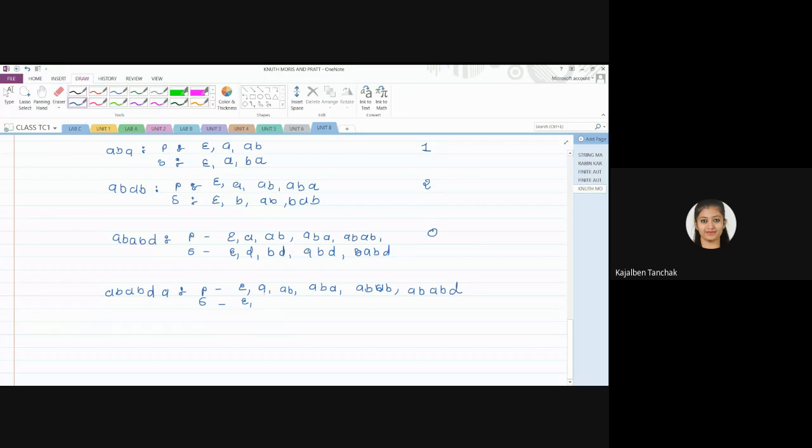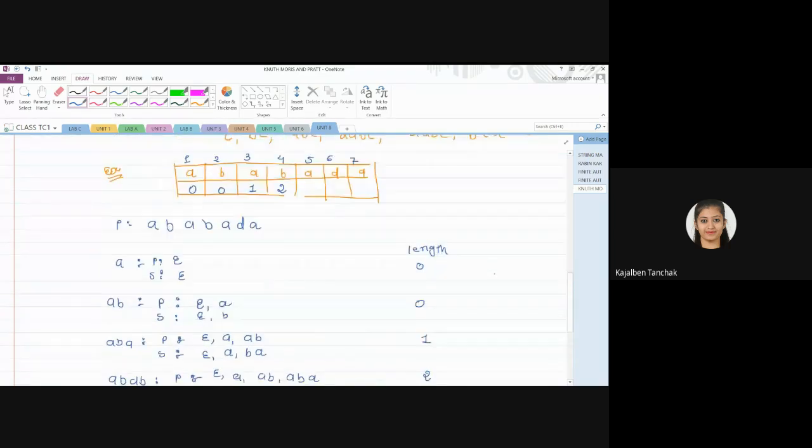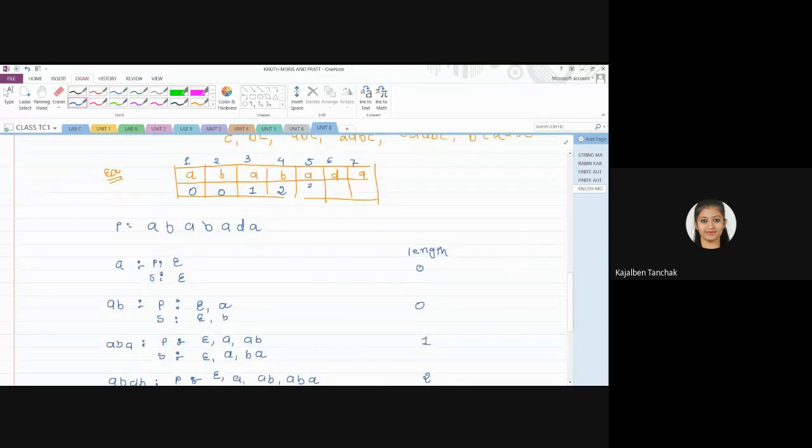Now the suffix: A, DA, BDA, ABDA, BABDA. Now tell me, how many characters are matching? Only one character, that is this A and A. What is the length? 1. So here I will write down 3, 0, and 1.